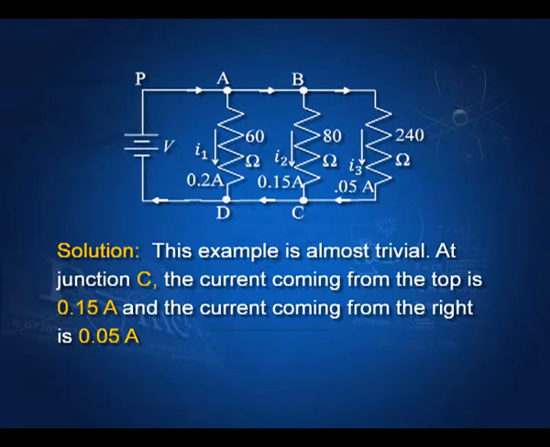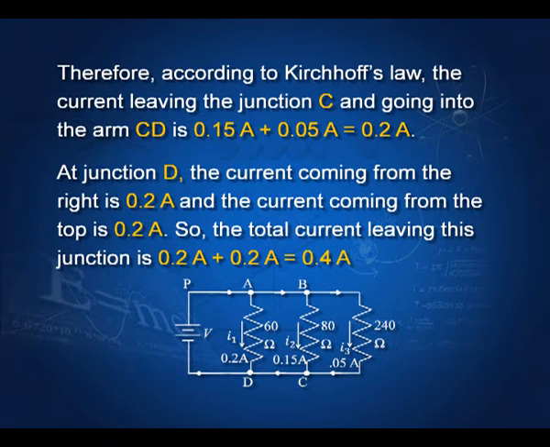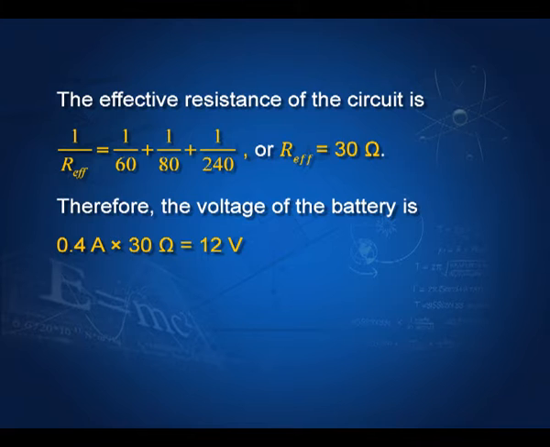This example is almost trivial. At junction C, this current is coming this way, this is coming this way. So, the current is 0.15 plus 0.05, that is 0.2, and therefore, the current going must also be 0.2. So, the current going at C to arm CD is 0.2. Similarly, you can find the other currents, and then the effective resistance is simply the resistance in parallel, 1 by 60 plus 1 by 80 plus 1 by 240, and this R effective therefore is 30 ohms.